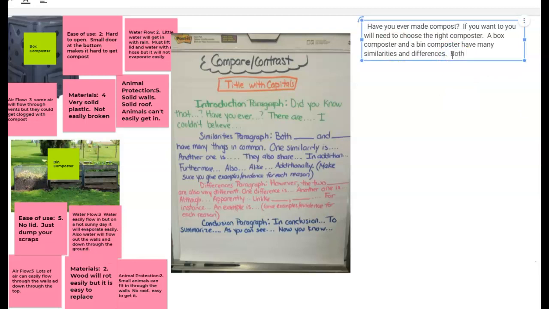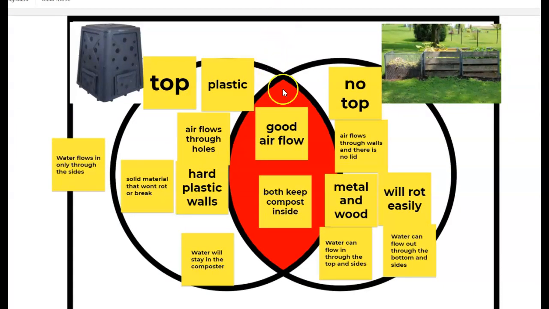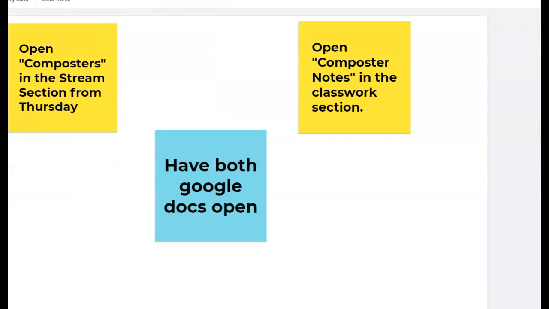Let's see. Both composters have, let's see, what do they have in common? I'm actually going to jump over into my Venn diagram. What do they both have in common? Well, they both have good airflow, and they both keep compost inside. I'm going to stick with the airflow thing.